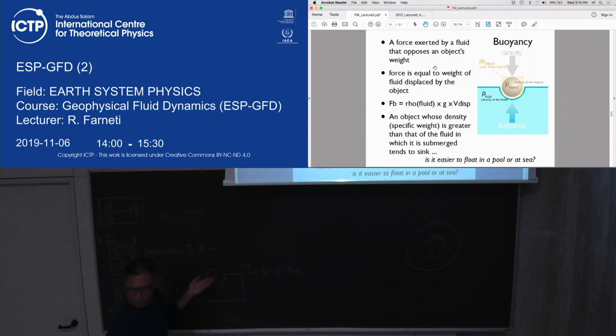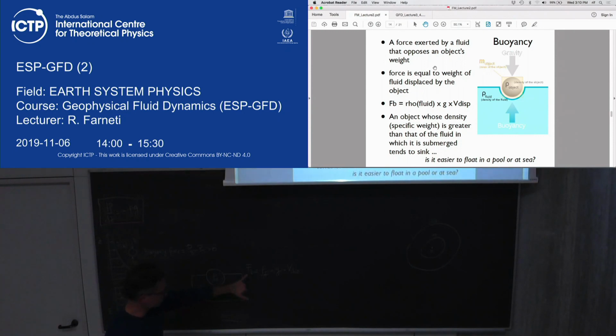That's how much buoyancy force the fluid is giving to the object. So an object whose density or specific weight is greater than that of the fluid in which it is submerged tends to sink.